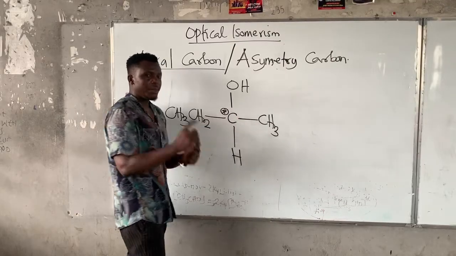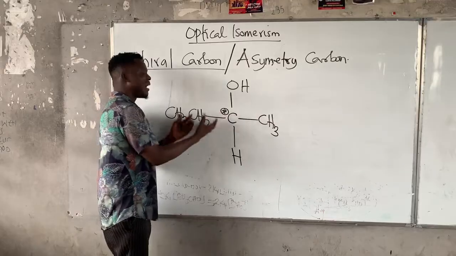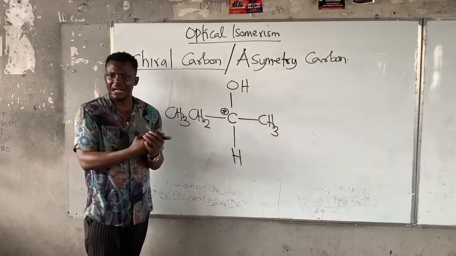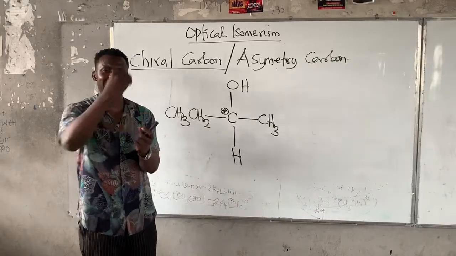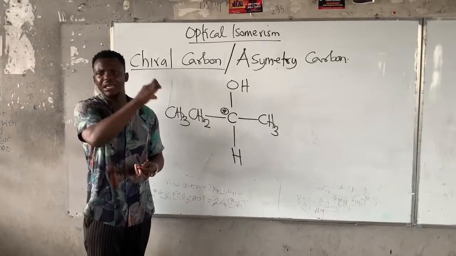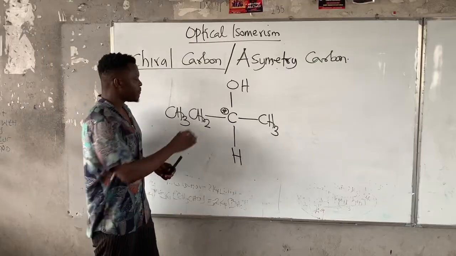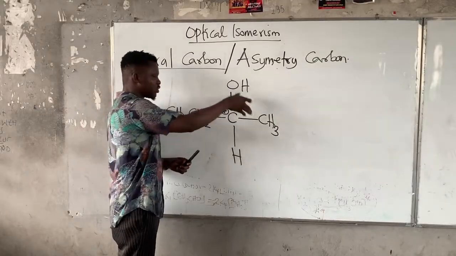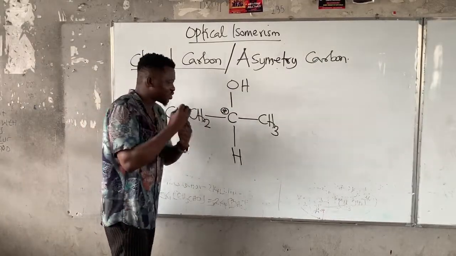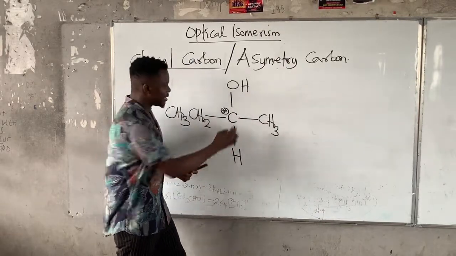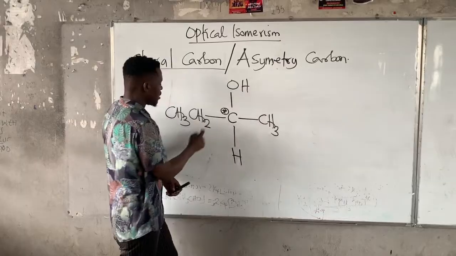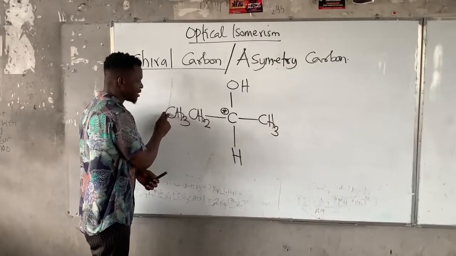Once they give you a compound, we're going to look at various ways questions could be asked under this. They can give you a compound and ask which of the following are chiral molecules. They'll give you the name of the compound, so you must first interpret the name into the structure and then assess the carbons one after the other. This is not a chiral carbon, this is not a chiral carbon, this is not a chiral carbon.